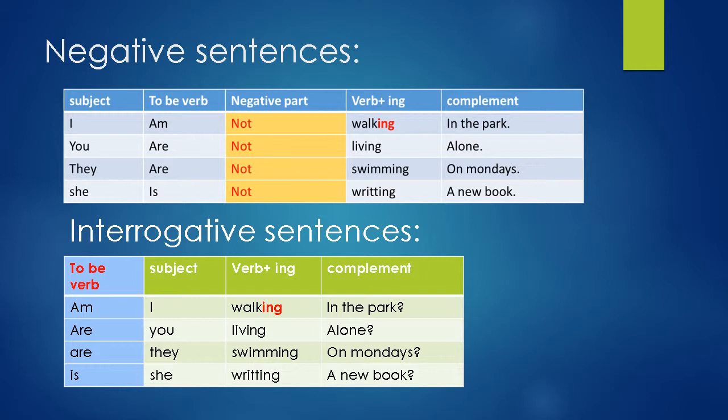Example, am I walking in the park? First is the to be verb or the auxiliary verb, then the subject, I, then the action verb plus the ing, walking, and then the complement, in the park.